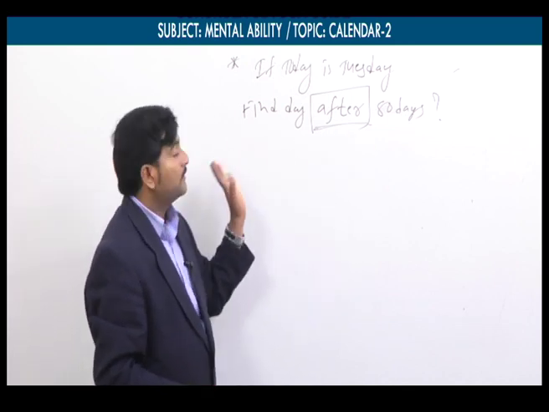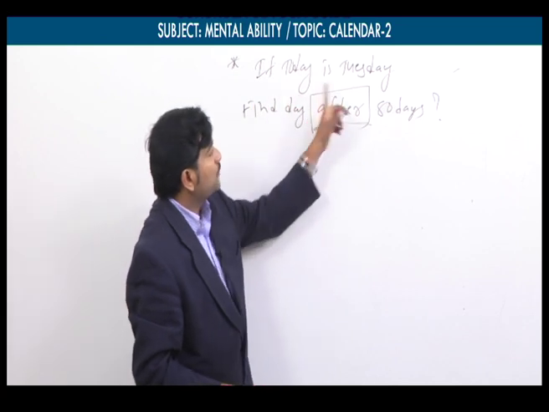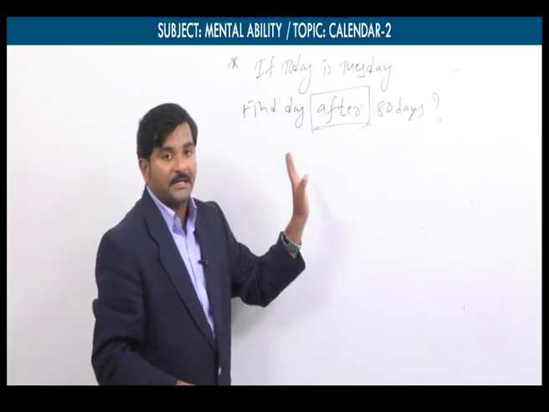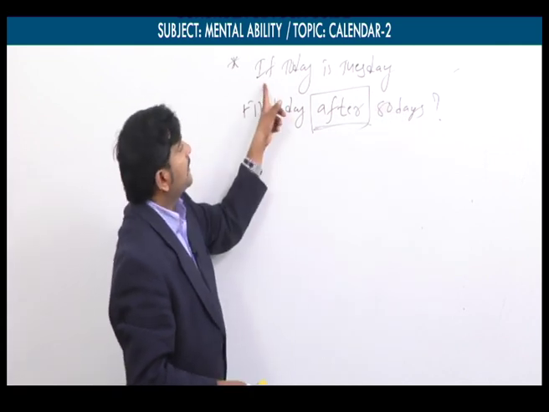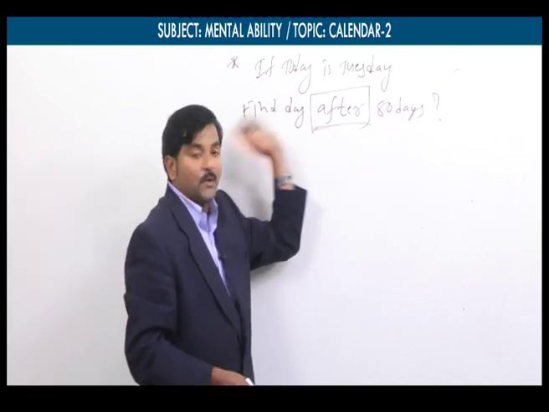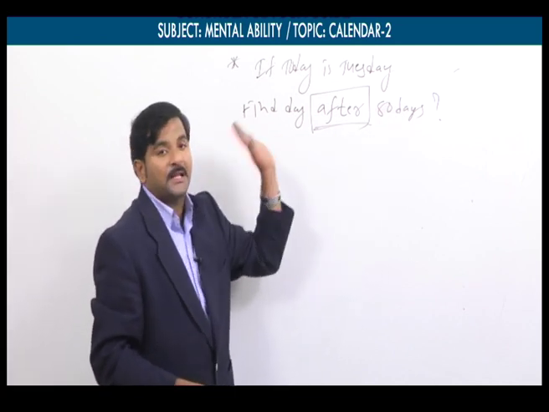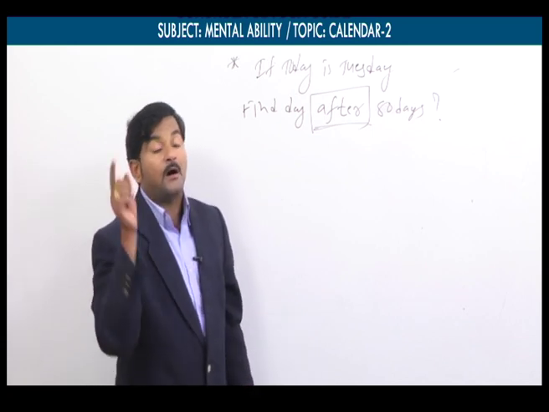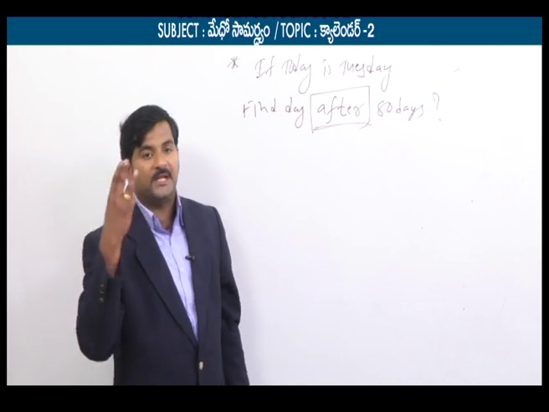This is one model. If today is Tuesday, find the day on the 80th day. That is another model. If today is Tuesday, find the day 80 days ago. So these are 3 types of questions. That's why we need to stress after, on the day, and ago.